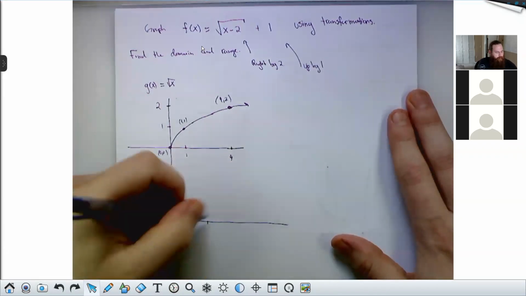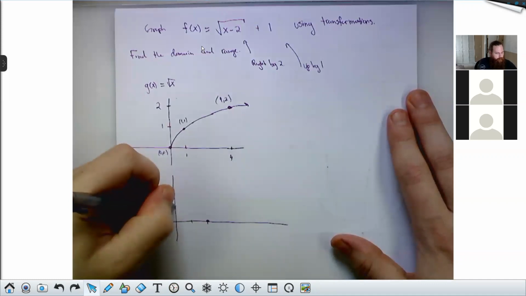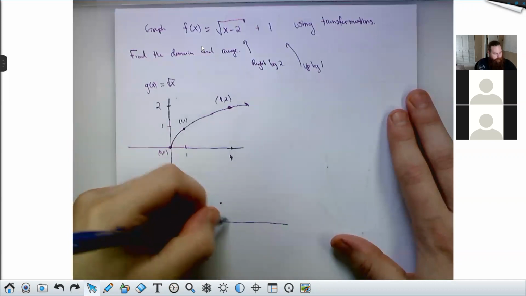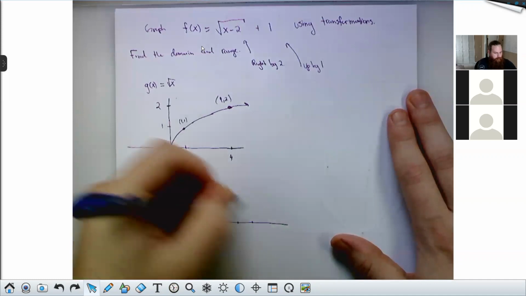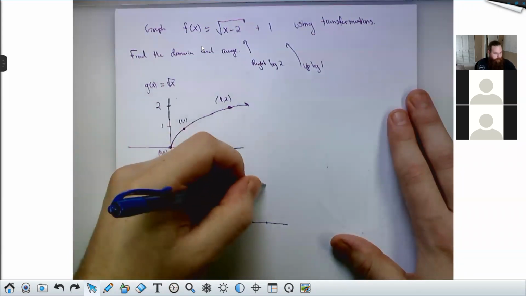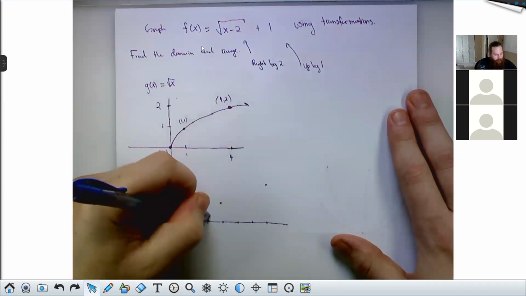If I shift right by 2 units, my graph will look like this.